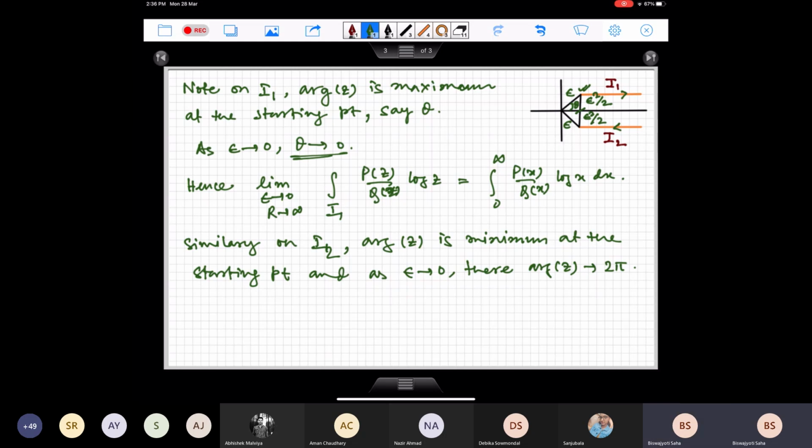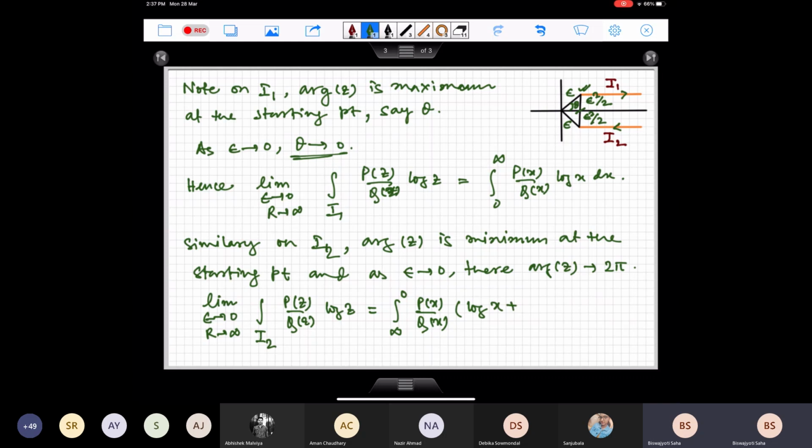Fine, all that is good. So what happens? Limit epsilon tends to 0, r tends to infinity, integral over I2 of pz by qz times log z. You see what's the direction of the integral? It is starting at r and coming close to 0. So this is like the integral from infinity to 0 of px upon qx, and this time my log is log mod z plus argument.